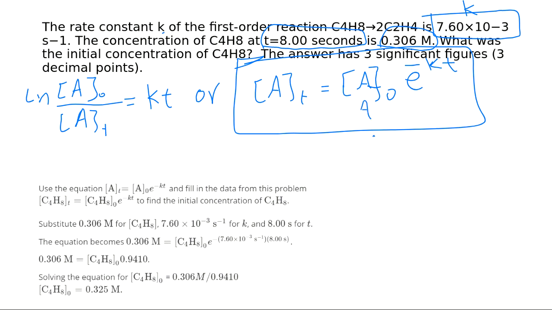The At is given to us, t is given to us, so this value is At. We have the t, we have the At, we have the value for k. The only one that is missing is A0.